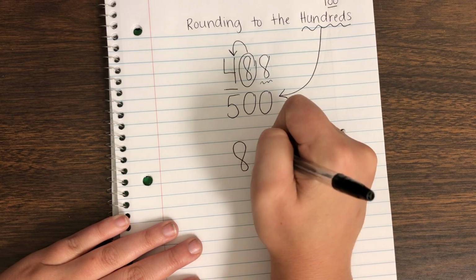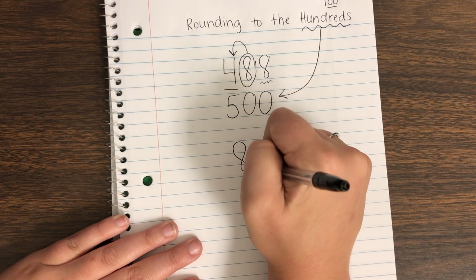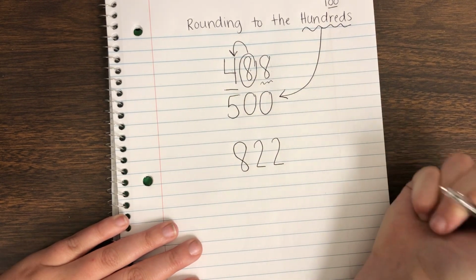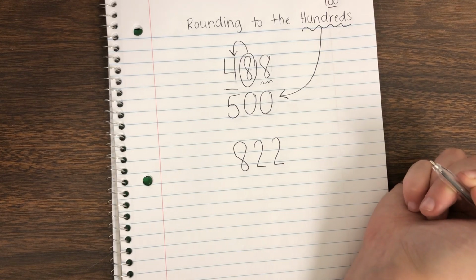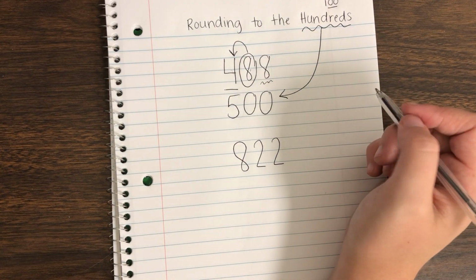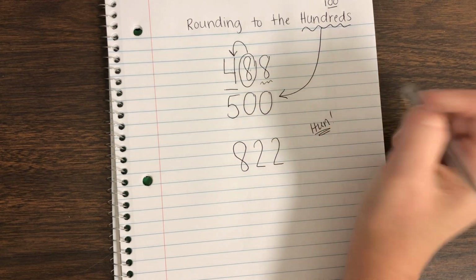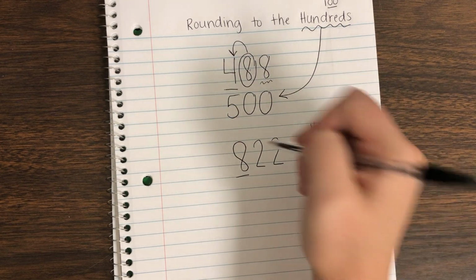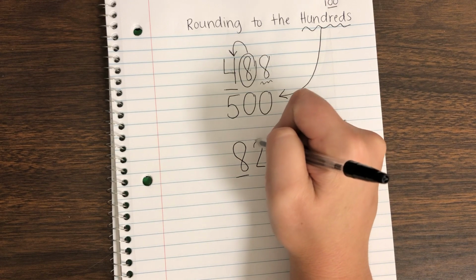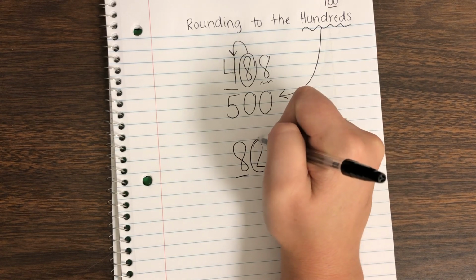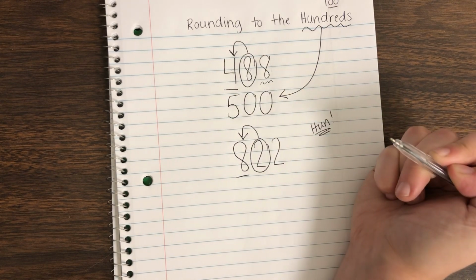Let's do 822, okay? Let's underline, what place are we rounding to today? The hundreds. So let's underline the hundreds. And spotlight the BFF, which is right beside of him, the tens. And the 2 is going to tell the 8 to do what?